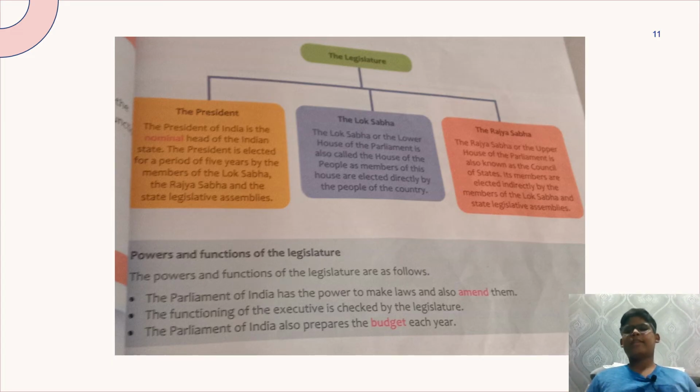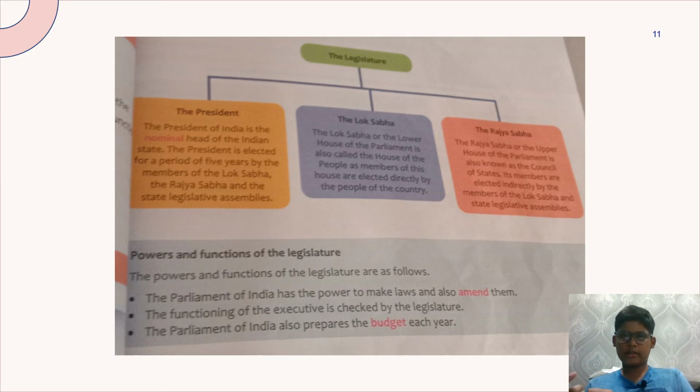Then we have the Lok Sabha, often regarded as the lower house of the parliament, or the house of the people, because the leaders who go to the Lok Sabha are elected directly by the people. So that is the Lok Sabha.